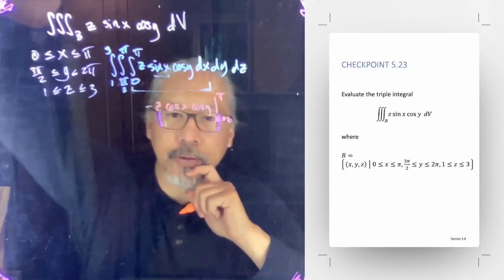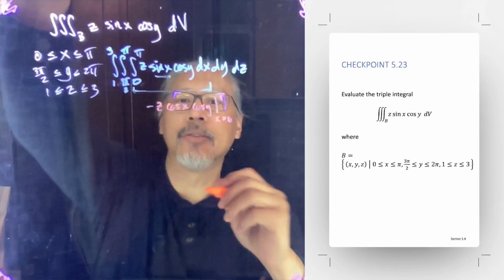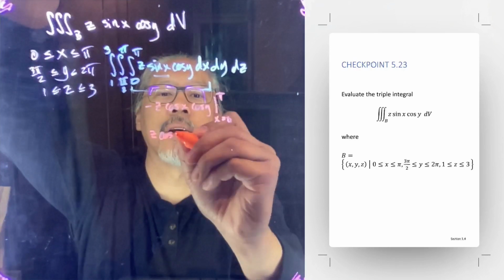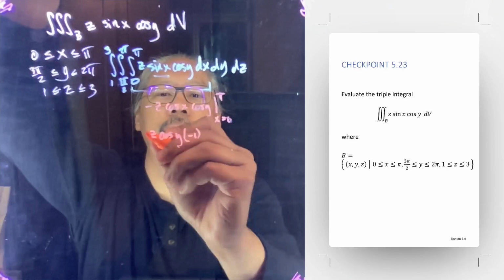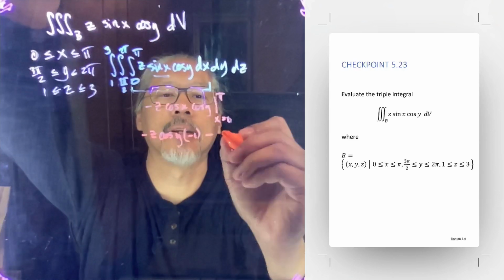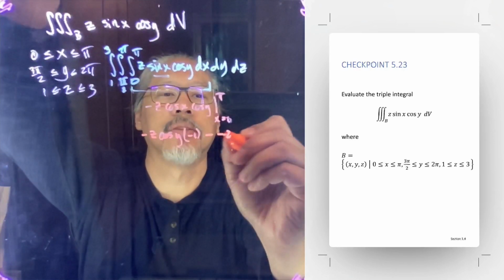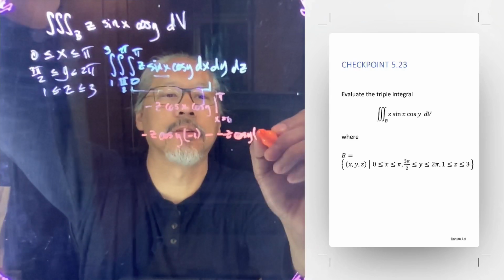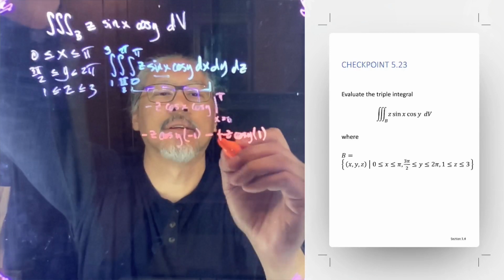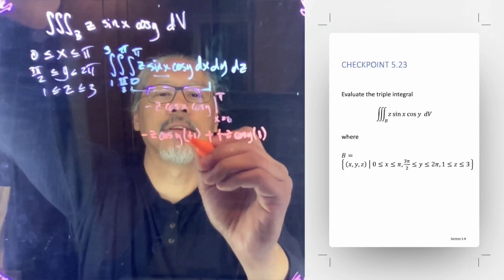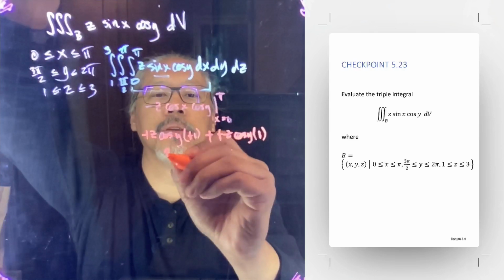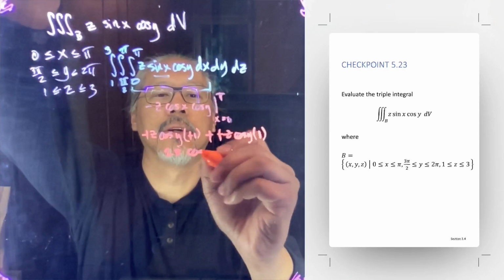So if we put pi in for cosine, I believe that's negative 1, so this is z cosine y times negative 1, with the negative out there makes that a positive, minus negative z cosine y times, evaluated at 0 is positive 1, and so this will give us a positive, so there'll be two of them. It'll be 2z cosine y.